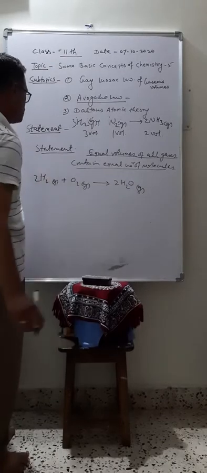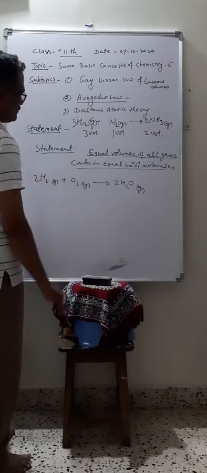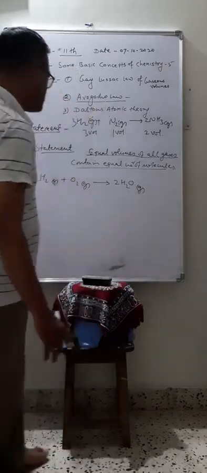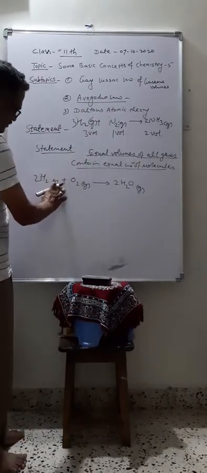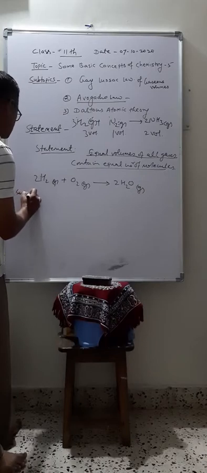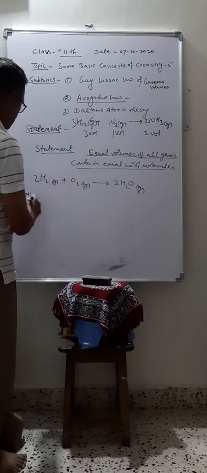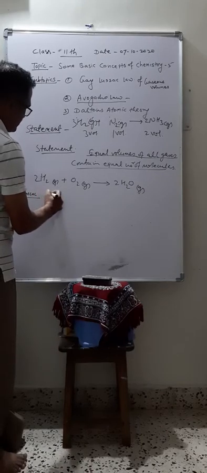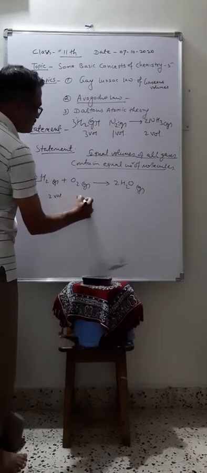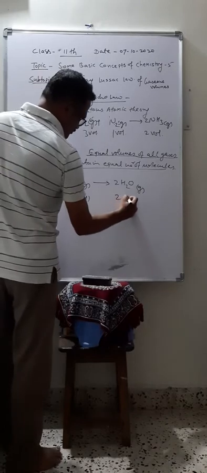When the measurements are made at similar conditions of temperature and pressure, and we apply Gay-Lussac's law to this chemical reaction, then according to Gay-Lussac's law, 2 volumes of hydrogen combines with 1 volume of oxygen gas to produce 2 volumes of water vapor.